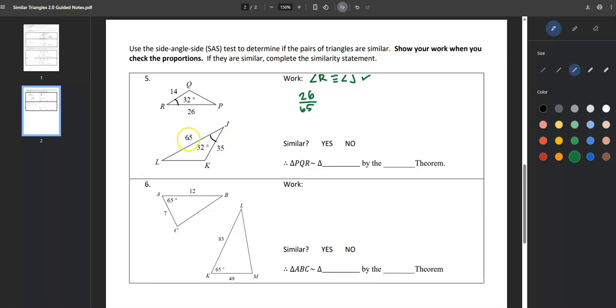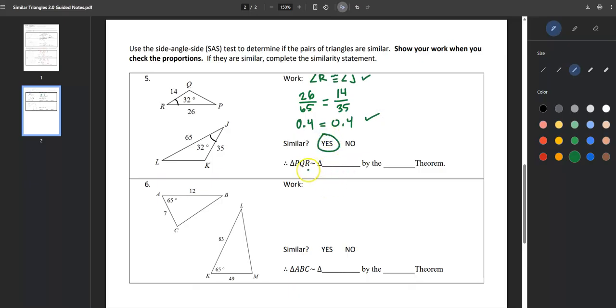And then that better be equal to 14 over 35. So again, you just have two sides with this, so you don't need to do more than just those two sides for this, okay? So when I do this, these better be equal for it. This gives me 0.4, and I get 0.4, so that checks out for both those two.